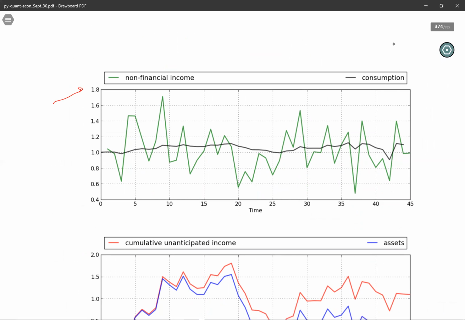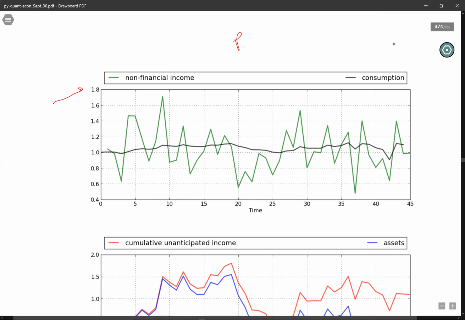Well, we iterated on those equations, those Riccati equations. We computed P_{T-1} as that big long function of P_T and A and B and all that stuff. And then we computed u_t, which is equal to C_t minus C bar, is equal to minus that number F_t x_t, which computed that.